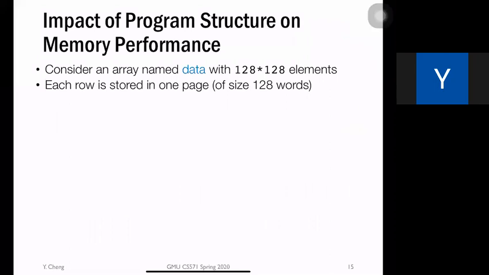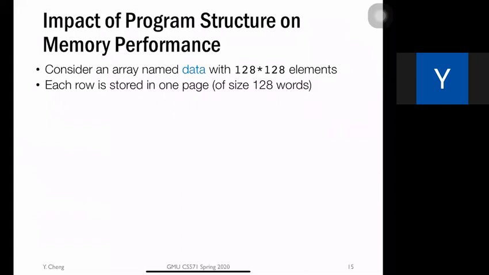The first dimension has 128 rows, and within this dimension it further has 128 columns, so we end up with 128 times 128 total elements. Let's say each row is stored within one page.